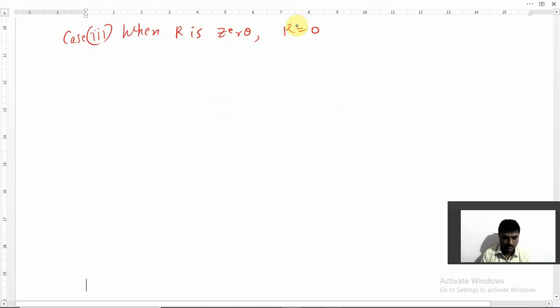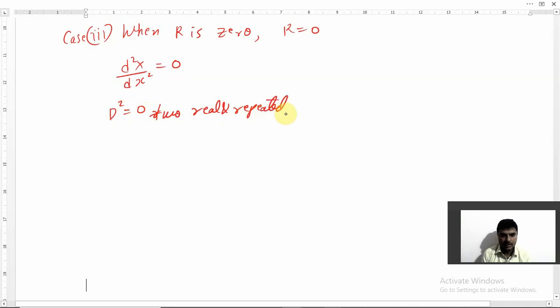When you substitute R as 0 in the equation, d square x upon dx square becomes 0, which gives 2 real and repeated roots. Yes, friends, real and repeated roots I am getting.